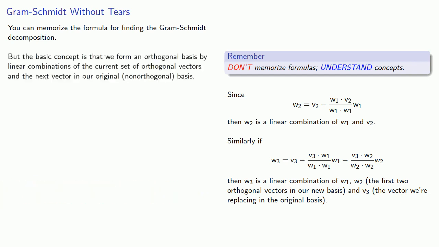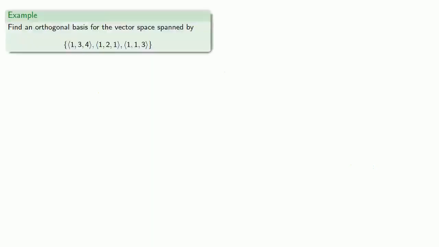And so the basic concept is that we form an orthogonal basis by linear combinations of the current set of orthogonal vectors and the next vector in our original non-orthogonal basis, which makes this a linear algebra problem. So again, we let W1 be our first vector, and we want that second orthogonal vector to be a linear combination of our first orthogonal vector and the vector we're replacing from the original set.